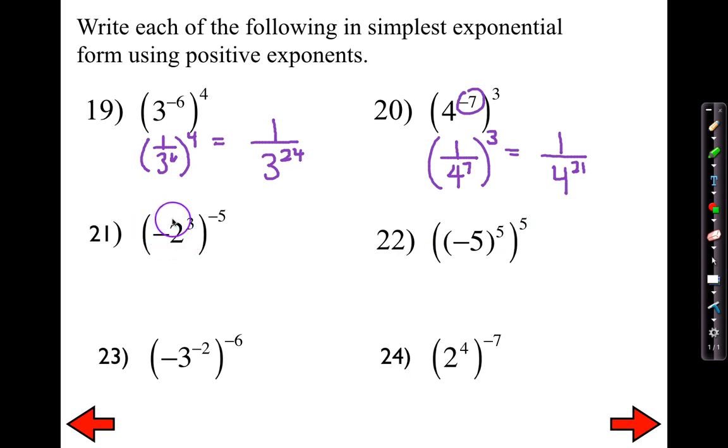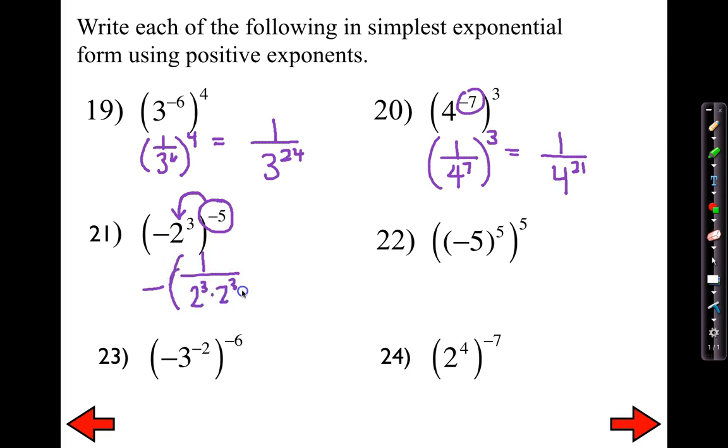Here, be very careful. This is not a negative base. This is the opposite of 2 cubed, raised to the negative 5th power. So what's going to happen here is you're going to repeatedly divide by 2 to the 3rd power, a total of 5 times, keeping that negative on the outside. So let me show you. That's going to be 1 divided by 2 cubed 5 times.